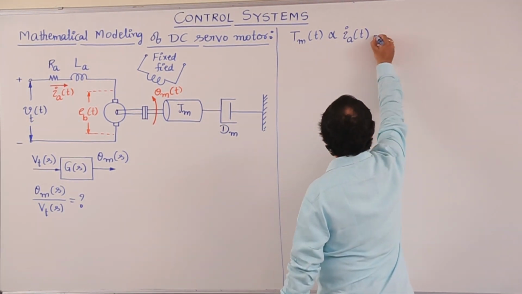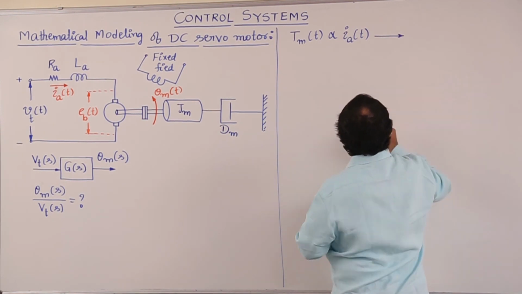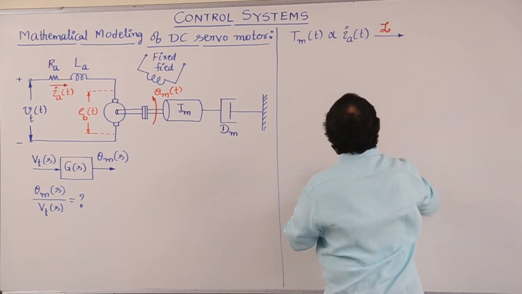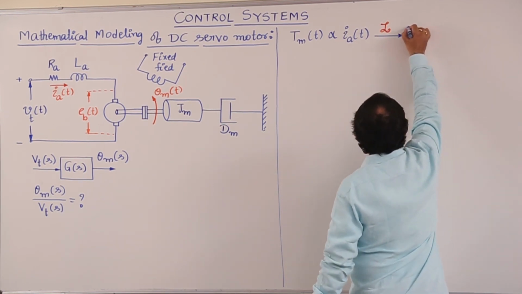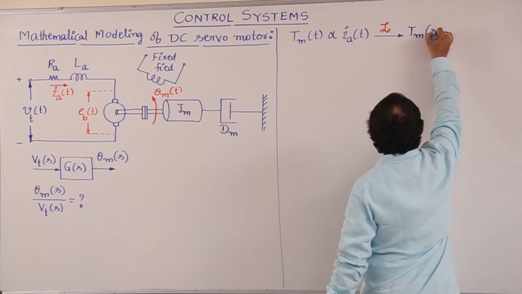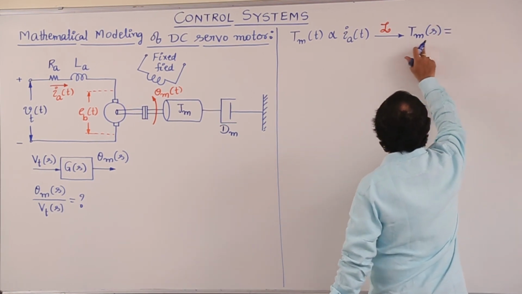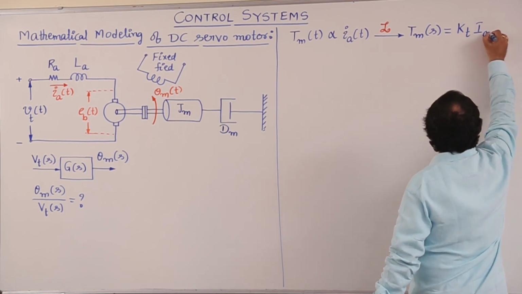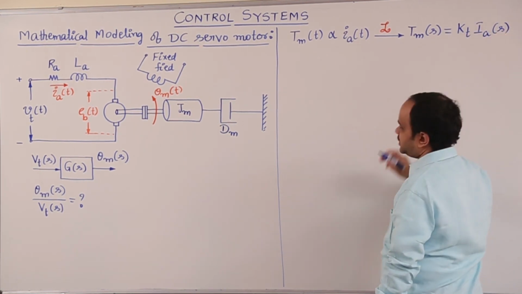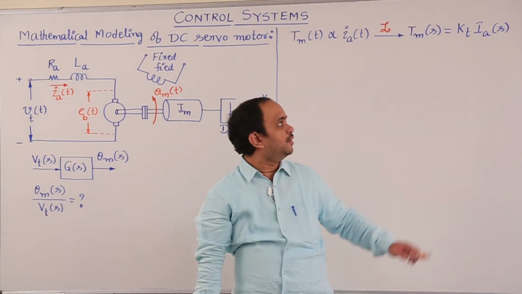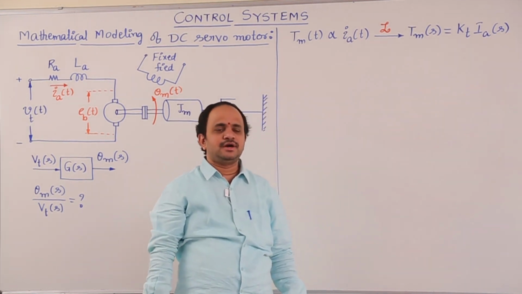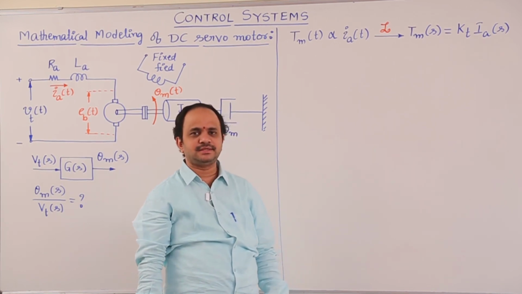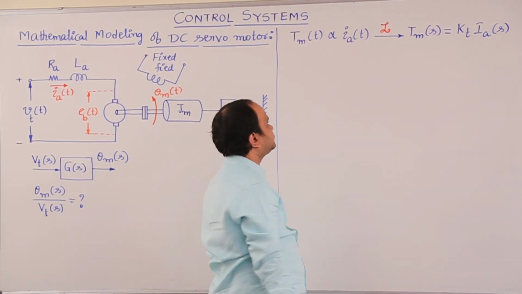Now, for this equation, we can write the Laplace transform, and you can convert this into the s domain like this. Tm of s is equal to Kt multiplied with Ia of s, where Kt is the constant of proportionality, or we can also call it the torque constant.